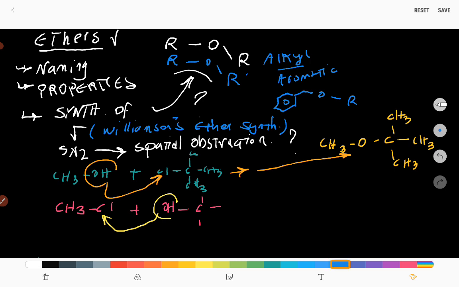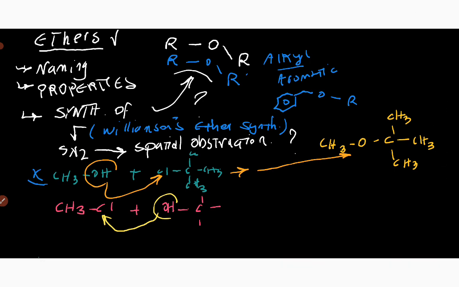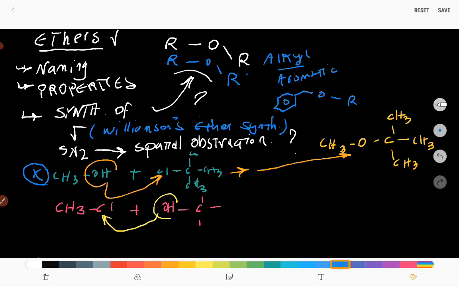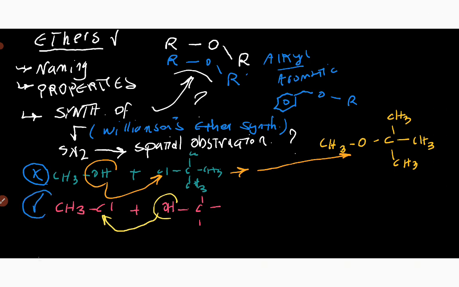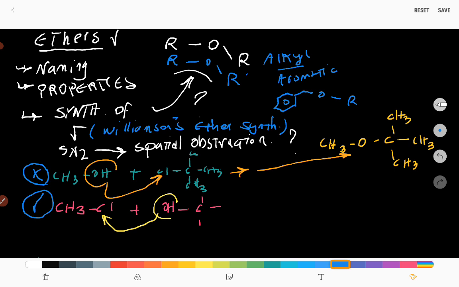But in practice, you see that one reaction does not happen and the other reaction can happen. Why? Because of the spatial obstruction.